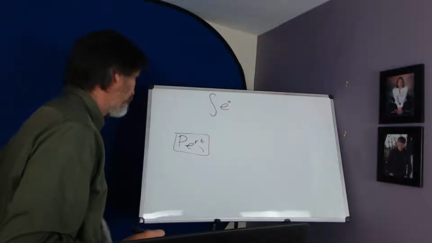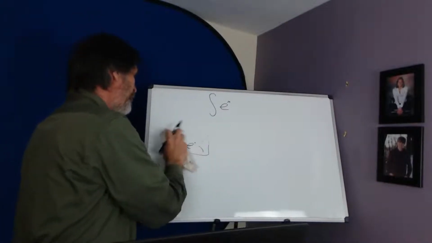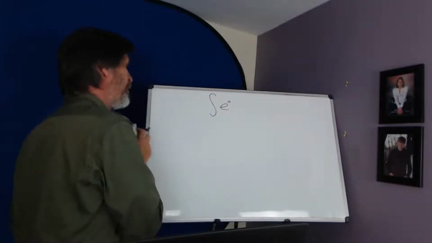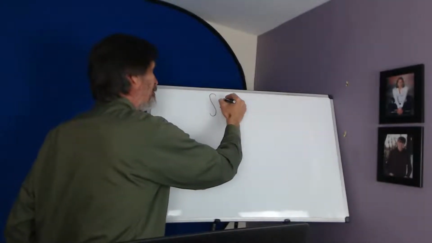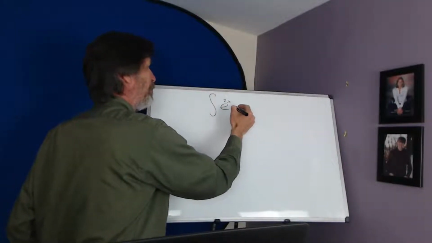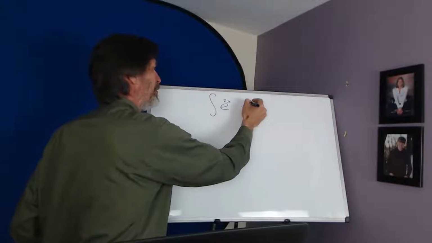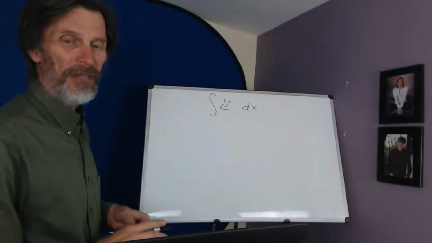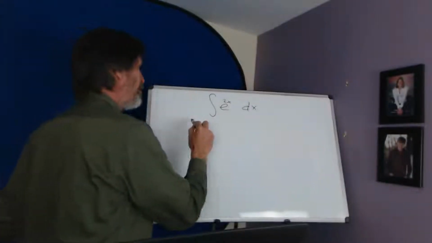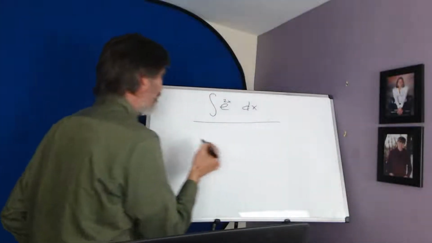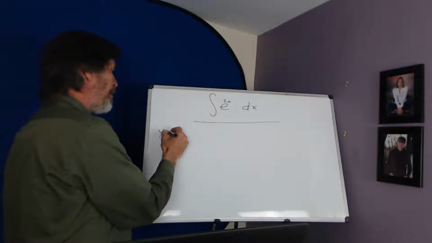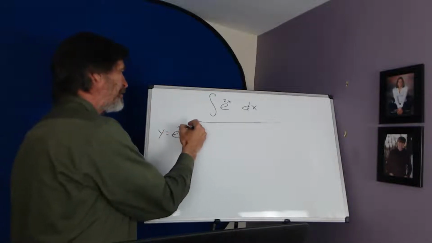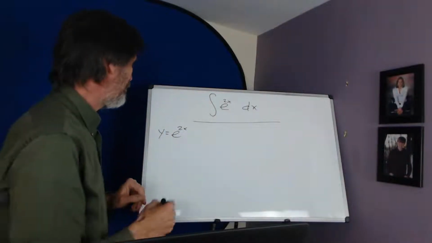It's probably not a big surprise what I'm going to do anyway, but I'm going to start with a really straightforward one and build up from that a little bit. Let's say we had the antiderivative of e to the 2x dx. So we're looking for the antiderivative of this function. And before I talk about that one, let's take the derivative first. Let's say y was equal to e to the 2x, and I asked you to take the derivative of that.